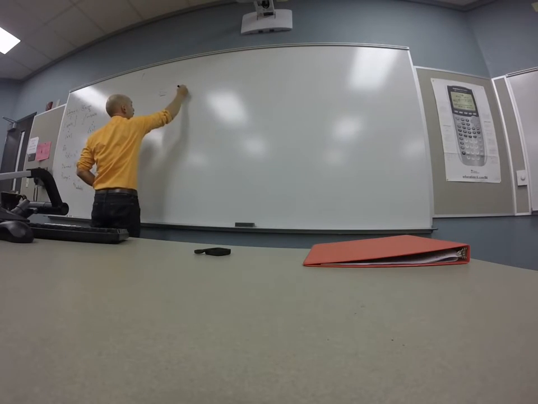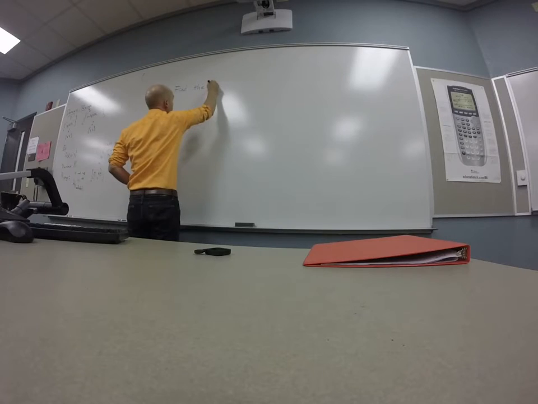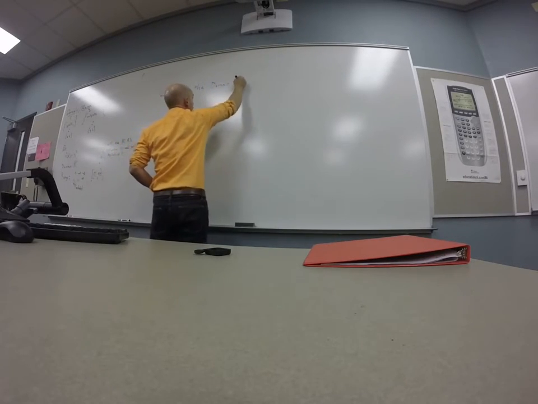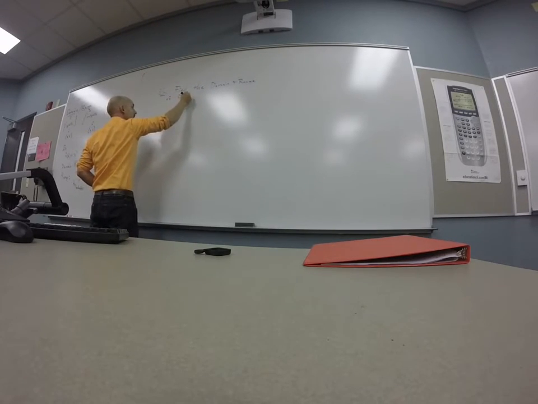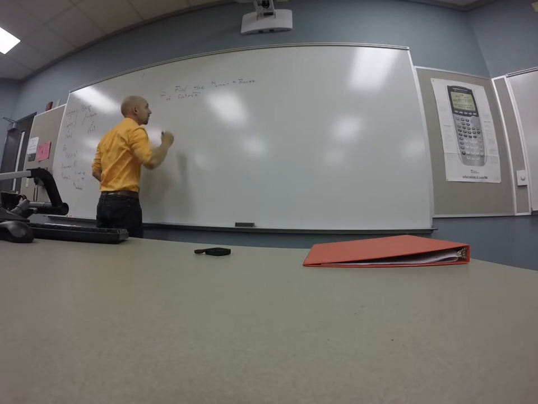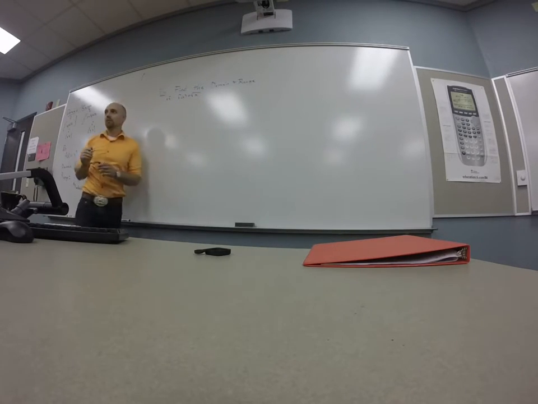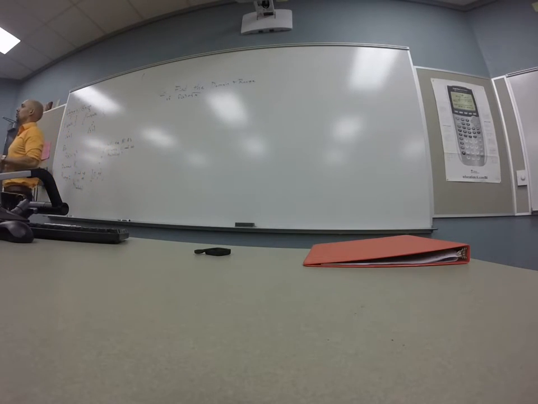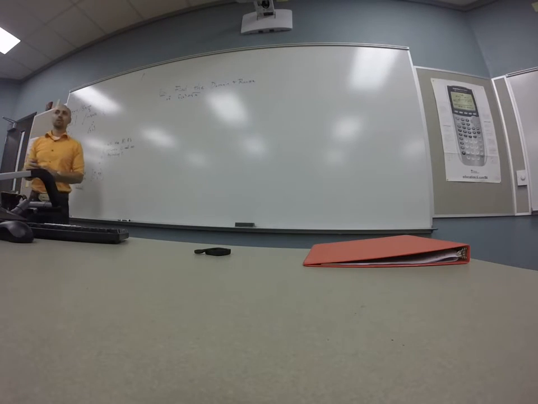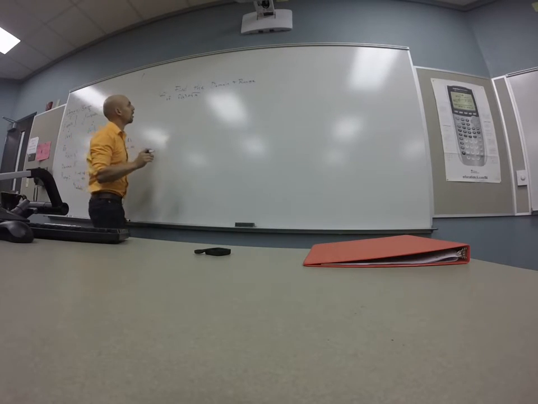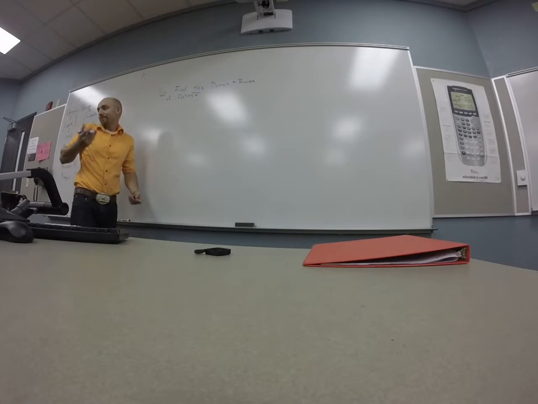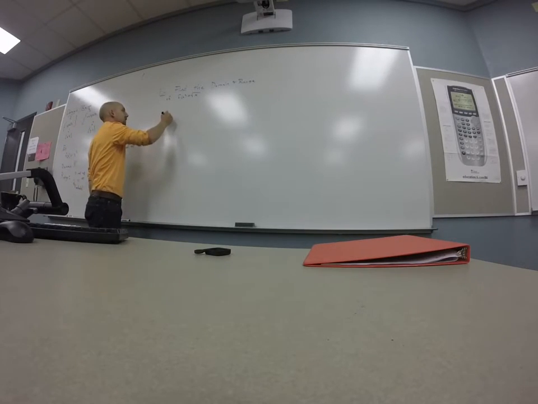So let's find the domain and range of f of x equals square root of x. Okay, so in this, we're playing real numbers. Okay, no complex numbers. No, it's just poorly drawn. Okay, so let's see. Here's a graph.